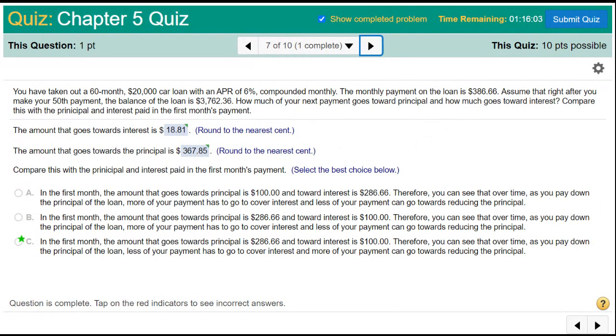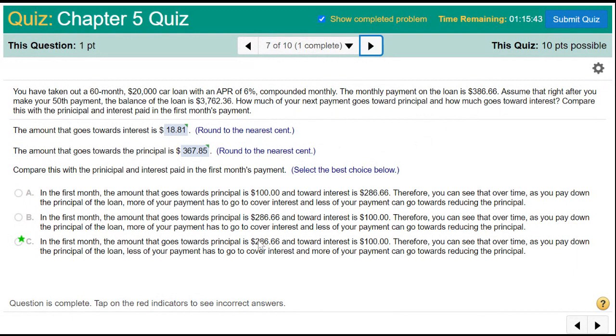In the first month, the amount that goes towards principal and interest is $100 towards the interest and 286 towards the principal. Because if I say 0.005 times 20,000, I know that's going to be equal to 100.